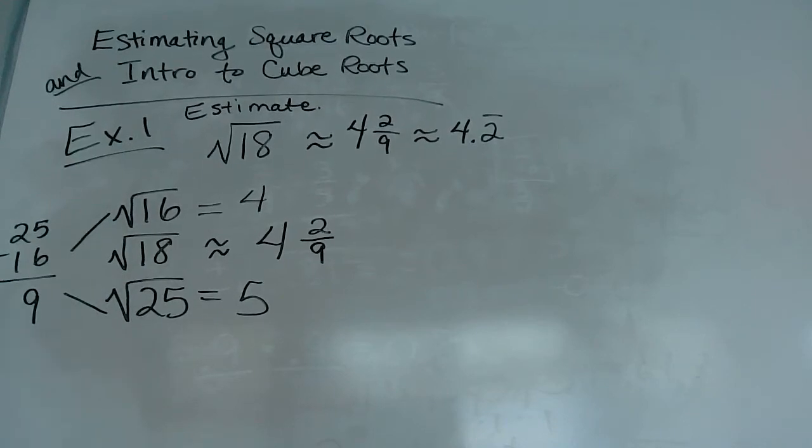Now it's important to note that if you have a square root of a number that is not a perfect square, you will not get an exact answer. Your calculator, when you type it in, will give you a screen full of digits. And that is because perfect squares end as an integer, and non-perfect squares, when you take the square root, do not.